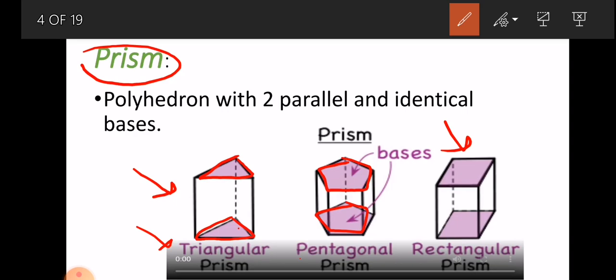Any prism you see, you can give it its name. How? Watch the top or the base. According to its shape, you will name your prism. So if the top is a triangle, it's a triangular prism. If it's a pentagon, pentagonal prism. If the top and the base are hexagons, we will call it a hexagonal prism. Okay, and so on.